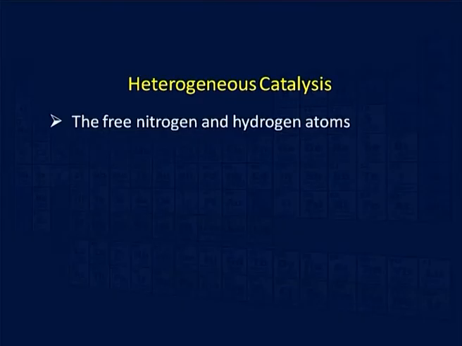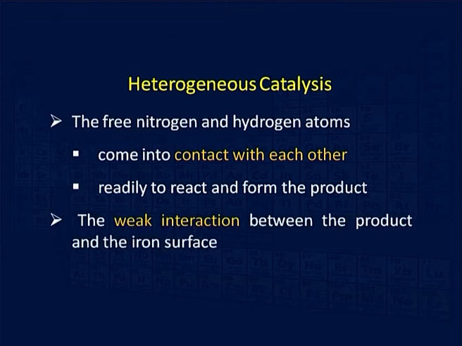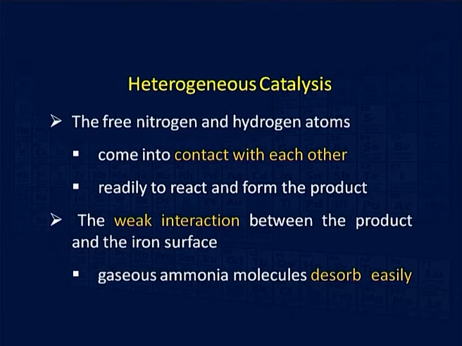That is to say, the bond between the reactant molecules hydrogen and nitrogen gets weakened after adsorbing on the surface of the iron, while the free nitrogen and hydrogen atoms, when they come into contact with each other, will readily react and form the product. There is a weak interaction between the product and the iron surface, because the gaseous ammonia molecule desorbs very easily.